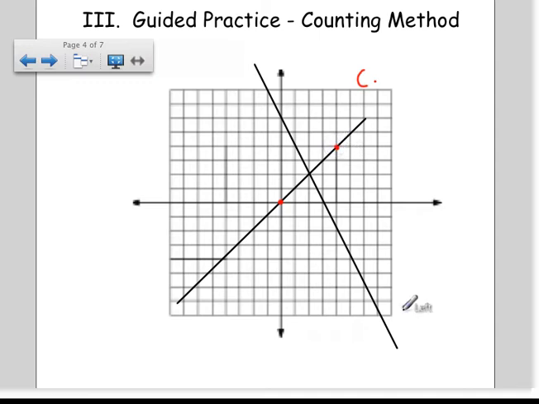The second line, we'll call line D. You can start here on the x-axis, and you can use this point, or this point, which is not perfect, but I'm not perfect with Smartboard. Please find the slope for C and for D. Press play after you've tried and are ready to check your answers.